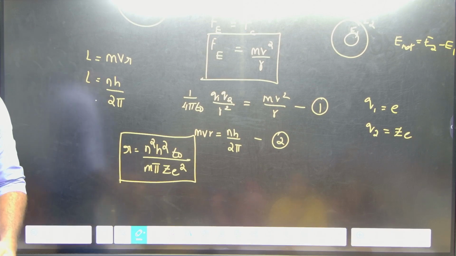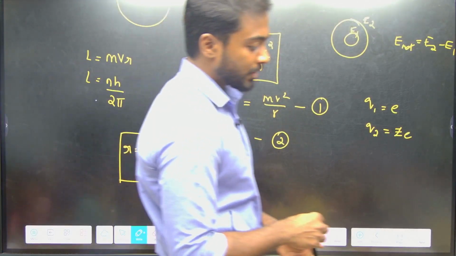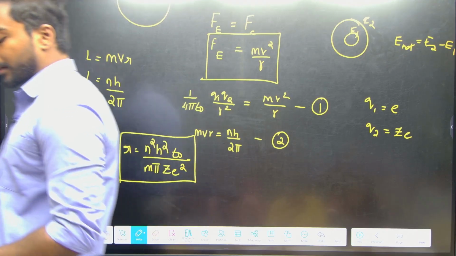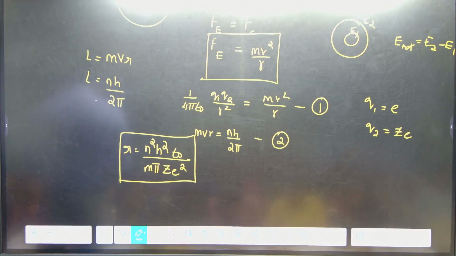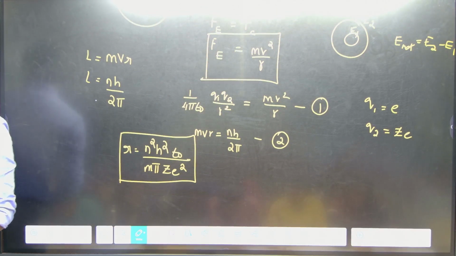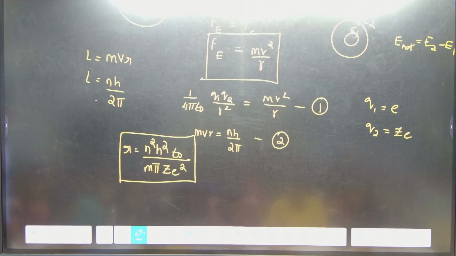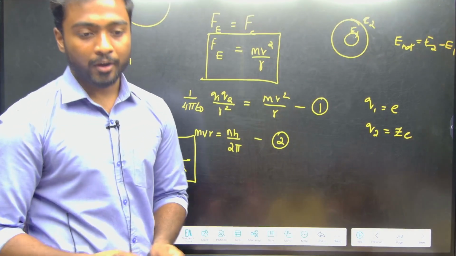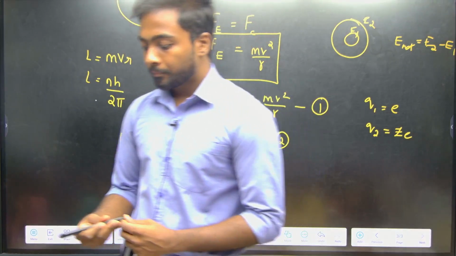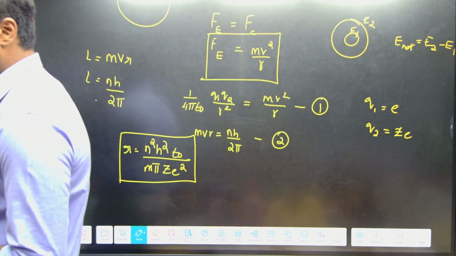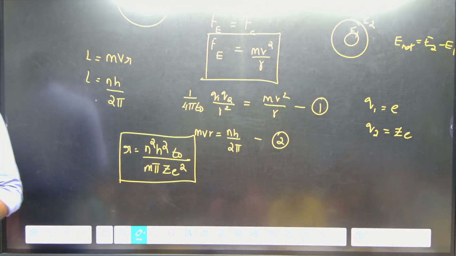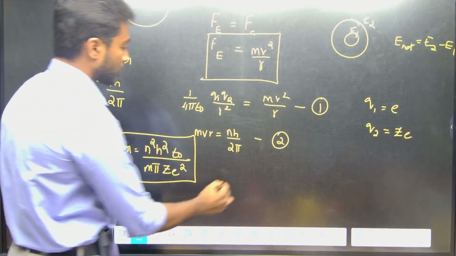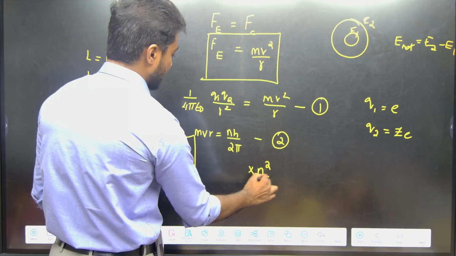Write on the next point. The radius of the nth orbit is equal to 0.529 into 10 power minus 10 meter into n square by z.